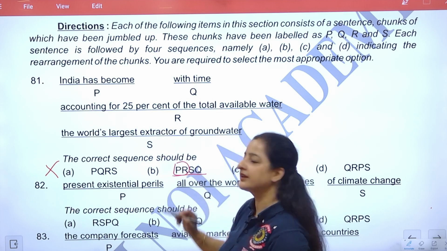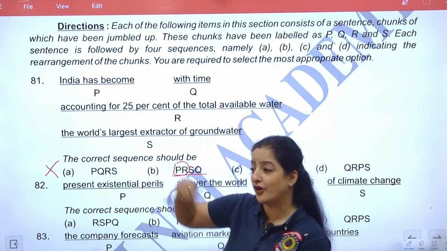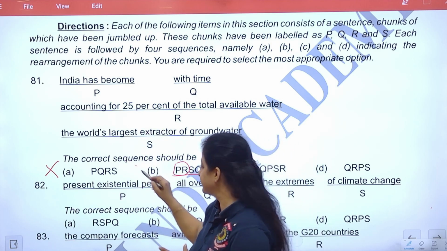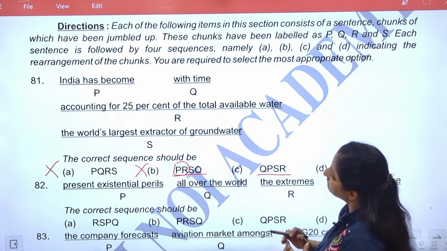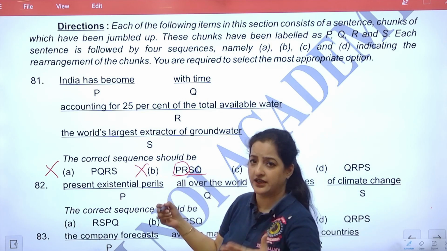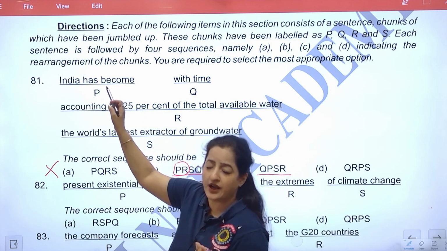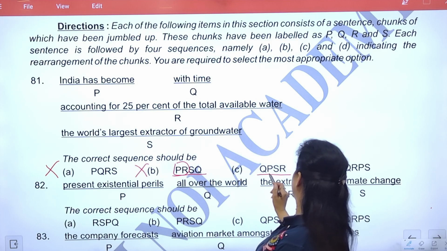P or R is connecting. India has become what? We did not get the answer to this. And then accounting for. Not connecting. Let's read QPSR. What happened over time? India has become what? Maybe we get the answer here.